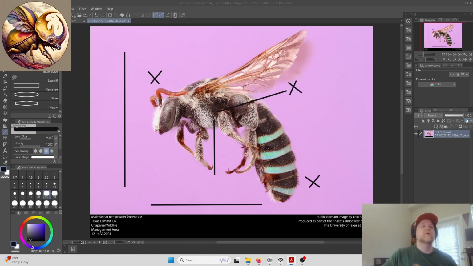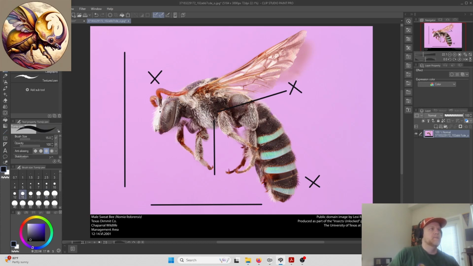Yeah. So with all this directionality, you assume that there's an invisible line that runs down the center of the body in this direction as your starting point.